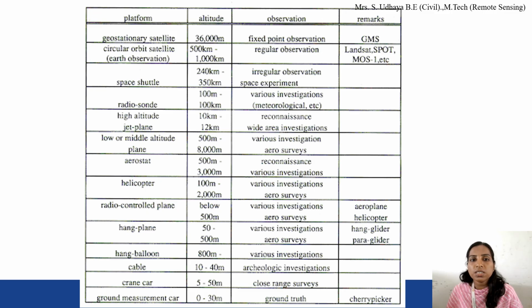Geostationary satellites are located at a long distance from the Earth's surface, almost 36,000 kilometers, and are used for fixed point observation. The name geostationary represents that it is stationary with respect to a particular position on the Earth.